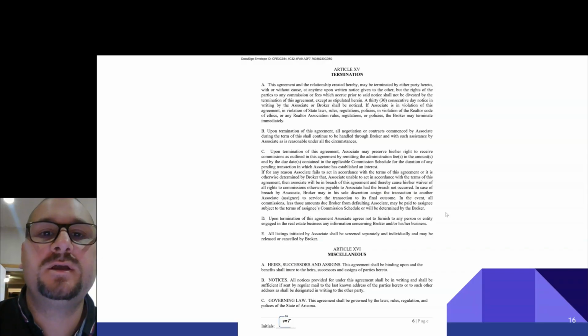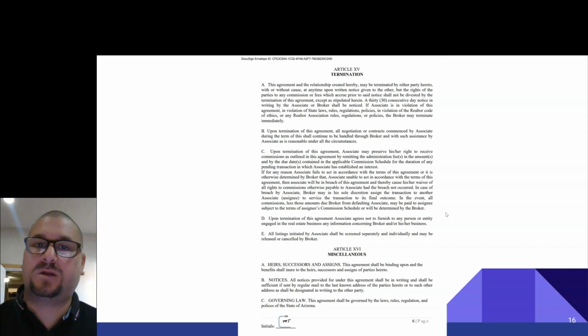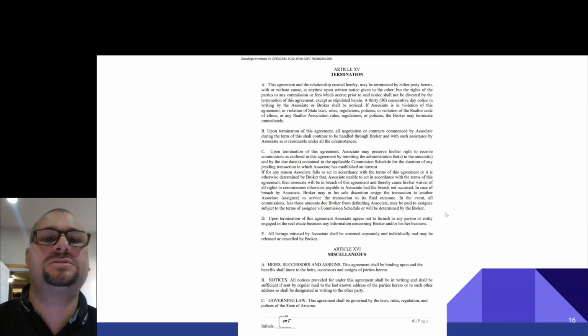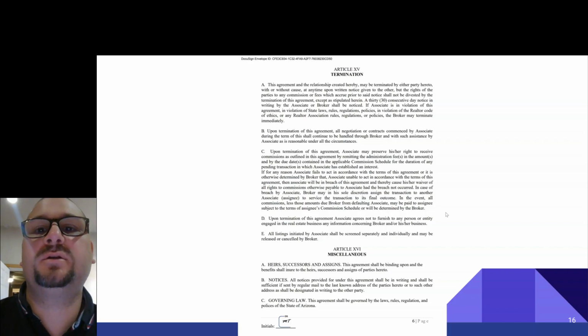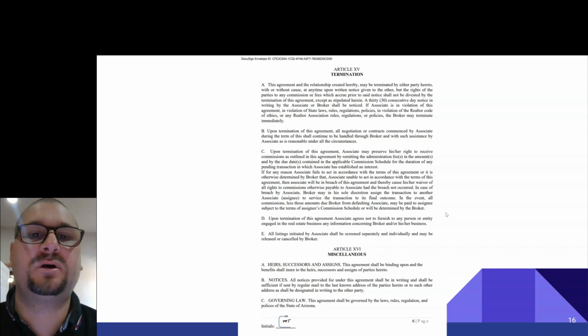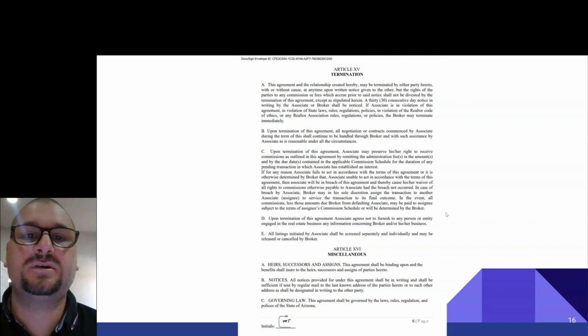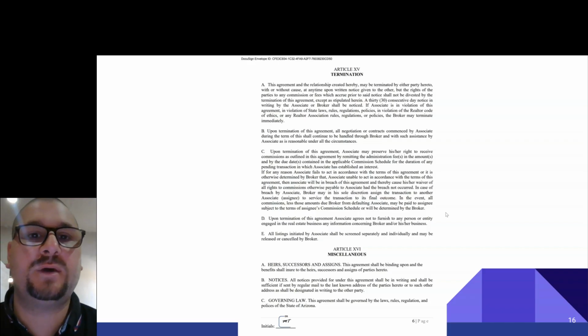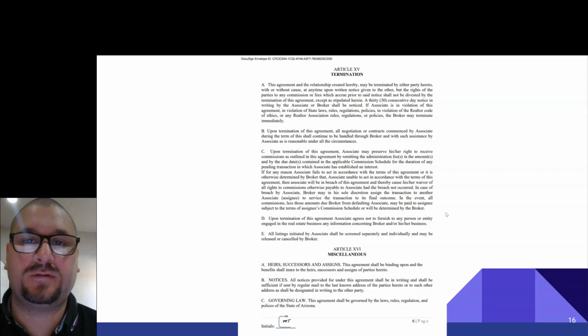15. Termination. This agreement and the relationship created hereby may be terminated by either party hereto with or without cause at any time upon written notice given to the other, but the rights of the parties to any commission or fees which accrue prior to said notice shall not be divested by the termination of this agreement, except as stipulated herein.